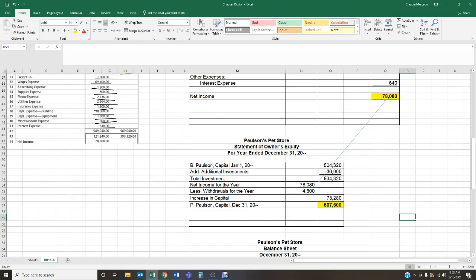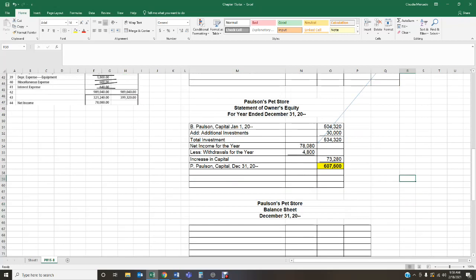You deduct any withdrawals for the period. That will give you your increase in capital, increase or decrease depending on the situation. Once you have that figured out, you can just add your total investment plus your increase in capital to get your ending capital balance. Okay. So that is your statement of owner's equity.